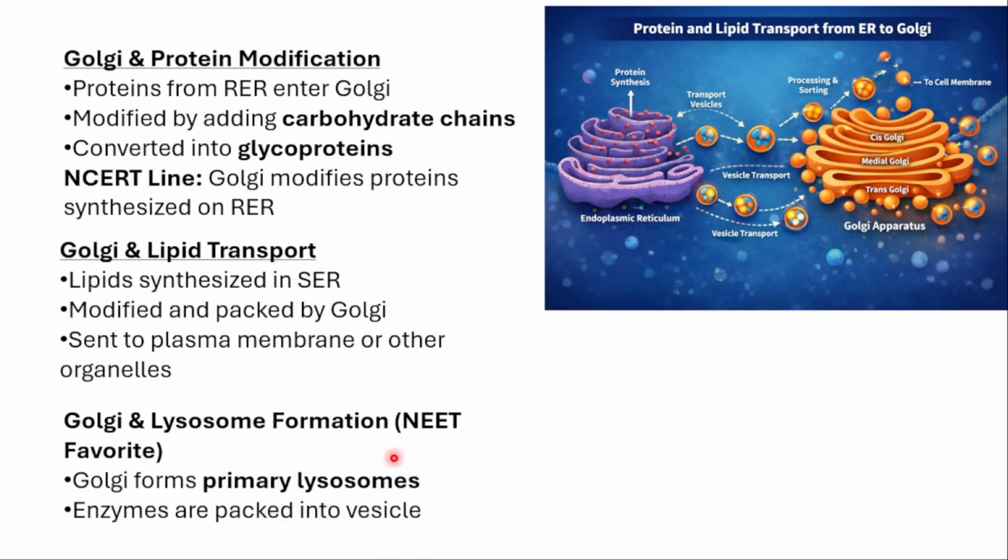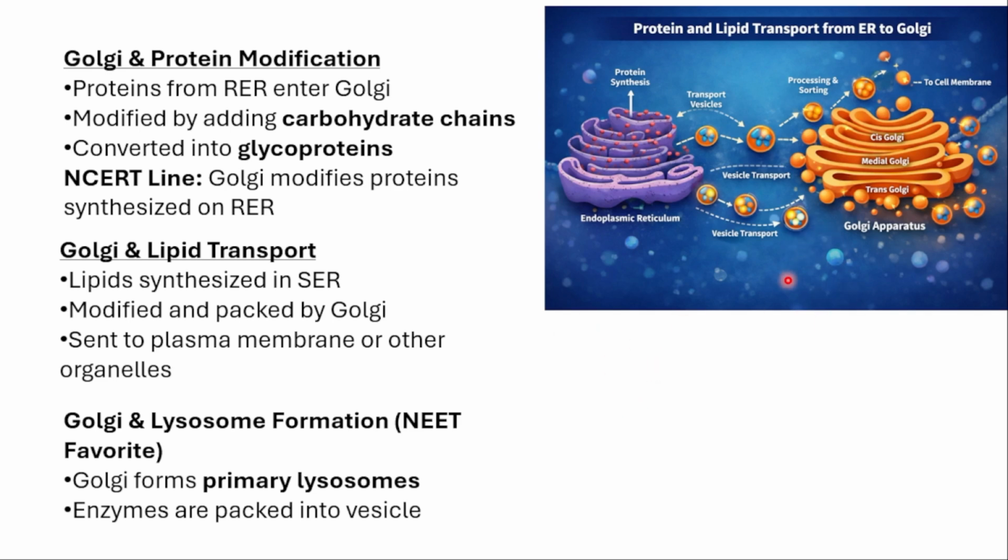Those digestive enzymes help the cell, so unwanted things in the cell are digested by the lysosome enzymes, and those enzymes are packed into vesicles by whom? By Golgi. That's what Golgi forms: primary lysosome. Lysosome is nothing but a part of Golgi only. Part in the sense just the detached part, I can say.